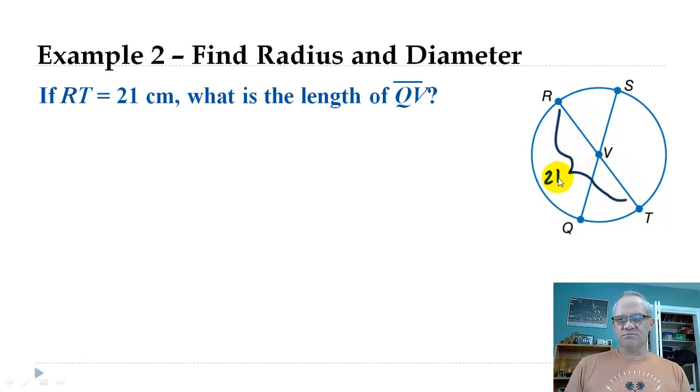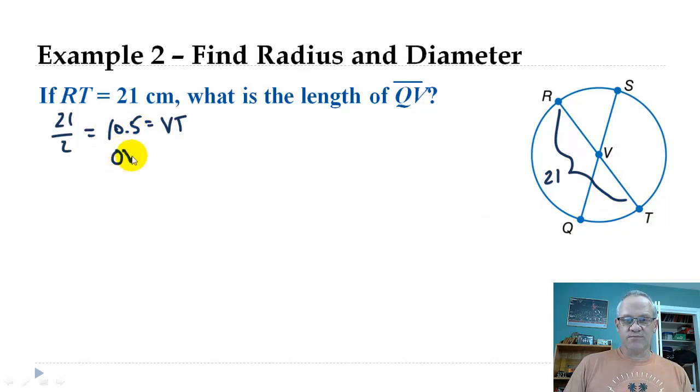I could just take 21 and divide by 2, which gives me 10.5. So that could be the length of VT, which is a radius here. Well, VT is a radius, but QV is also a radius of that same circle, so it has to be exactly the same as VT, and so that means that QV would also equal 10.5.